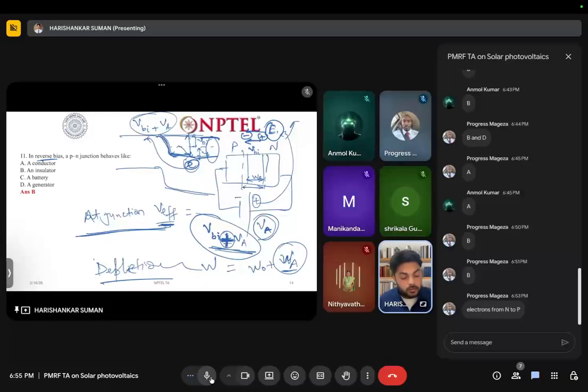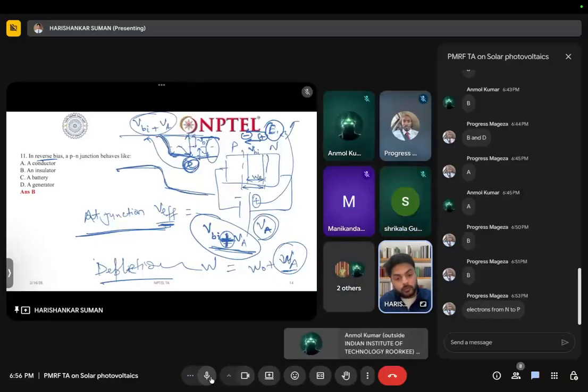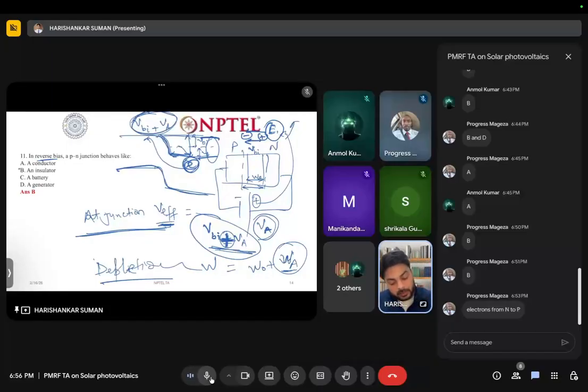Due to this, the electron needs more energy. When we eliminate the junction, the band gap is, let's say, an electron feels a barrier that much and behaves like an insulator, because there is no electron in the conduction band.